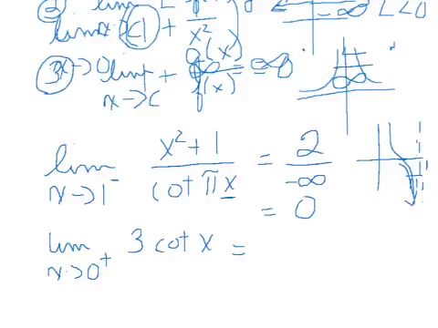As x approaches 0 from the right, what's the limit of the cotangent? What's happening to the cotangent? It's going to positive infinity, so this is really like 3 times infinity, which is just infinity. Right?